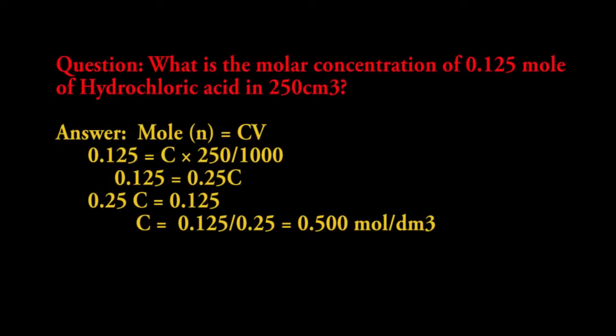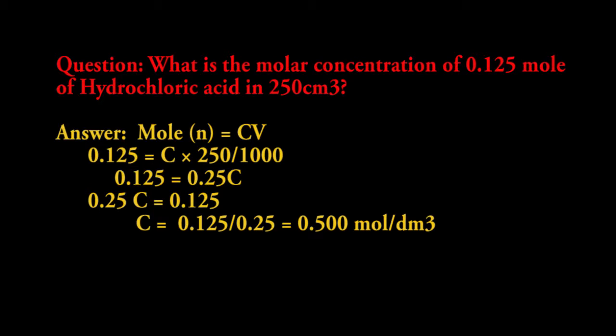Question: what is the molar concentration of 0.125 mole of hydrochloric acid in 250 centimeter cube? This can be calculated by applying the mole formula, n = CV, and substituting the parameters.